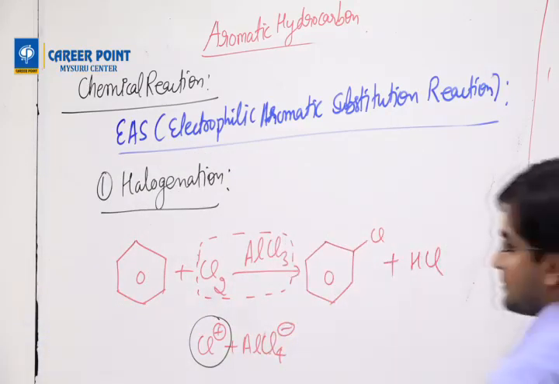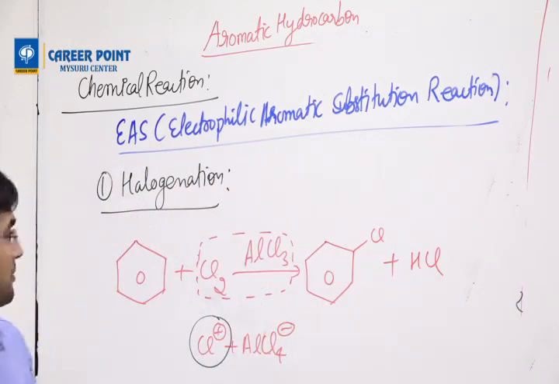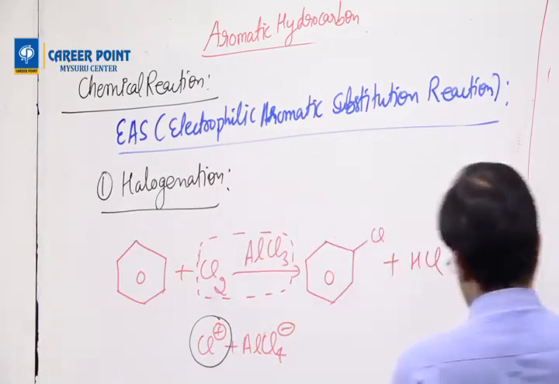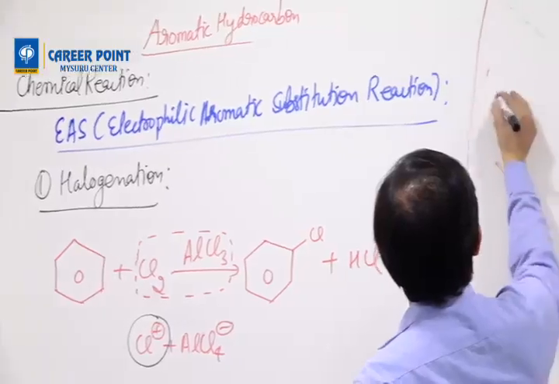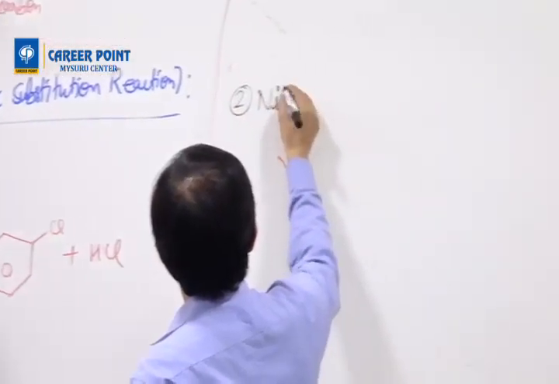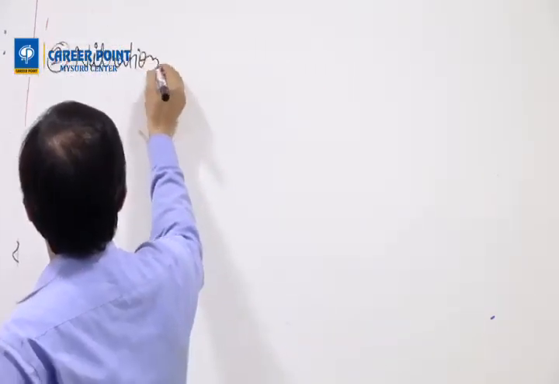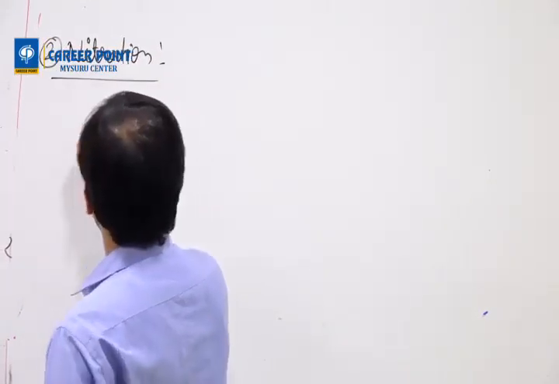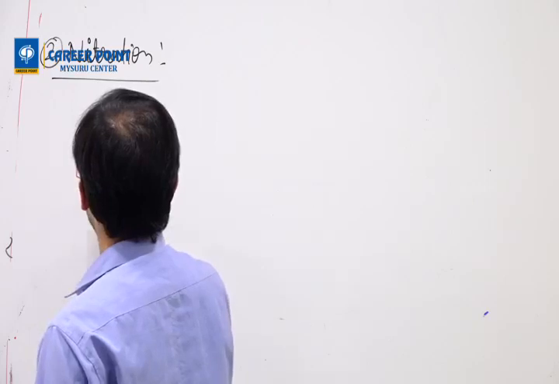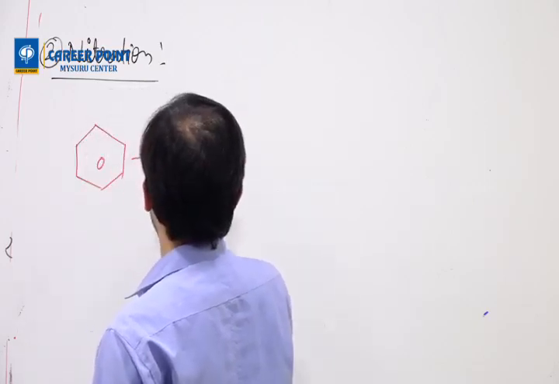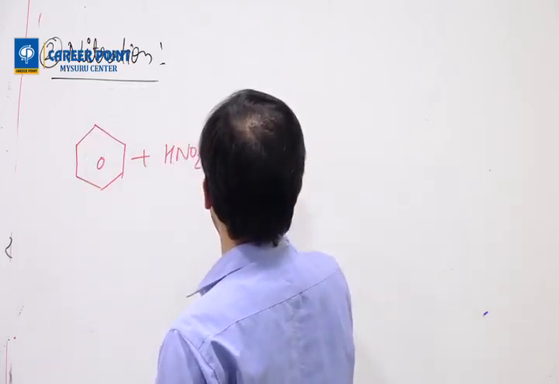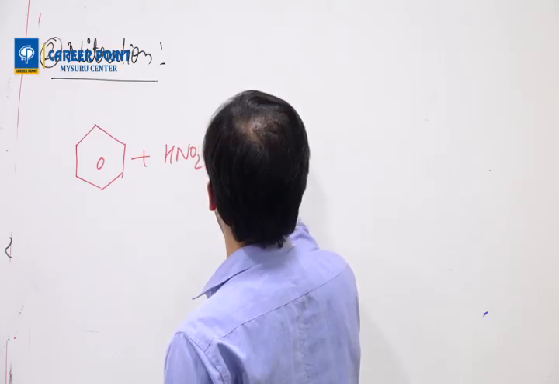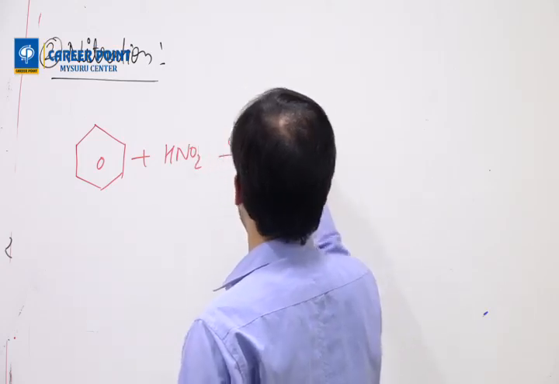Then after halogenation, the second reaction is nitration. So now I'll write the reaction. Benzene plus HNO3 in the presence of dilute H2SO4.